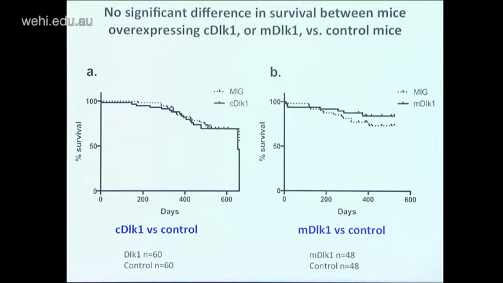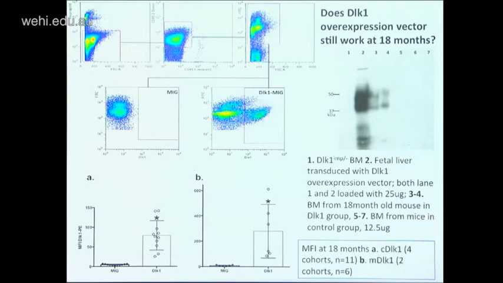And in terms of acute leukemia incidence and GFP positive leukemia, there's no difference. It's exactly the same. So when you see that, you think, is it because it really doesn't cause leukemia, or is it because the vector just doesn't work at long term? So you want to make sure that you can demonstrate that it still works.